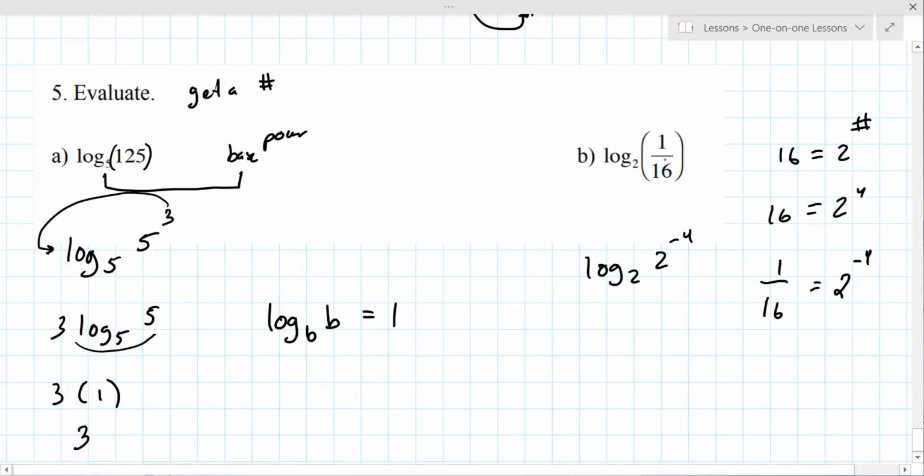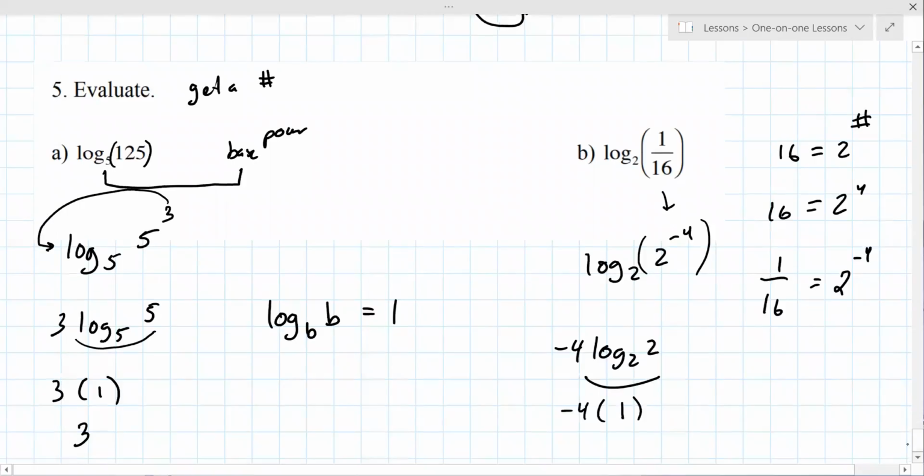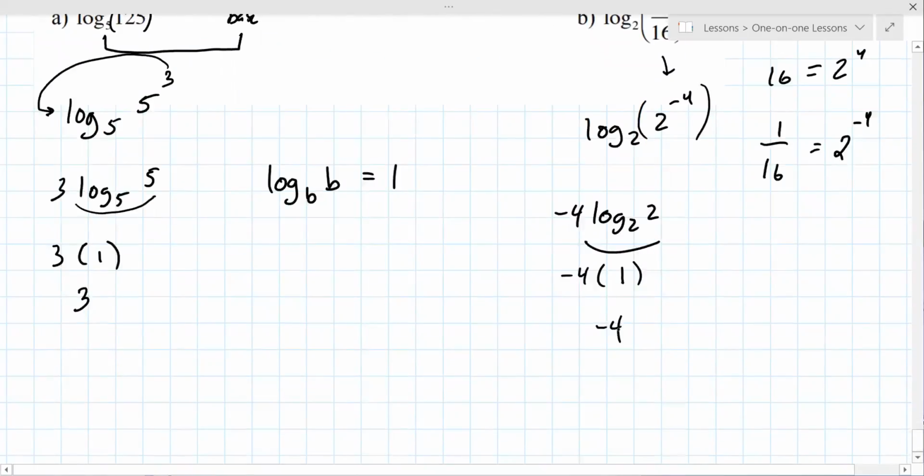Okay, so 1 over 16 becomes 2 to the minus 4. Same deal again. You move that negative 4 out in front. Log base 2 of 2 becomes 1. It's negative 4 times 1, which is negative 4.